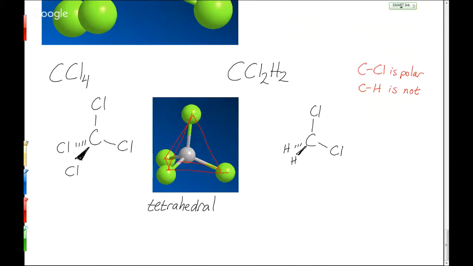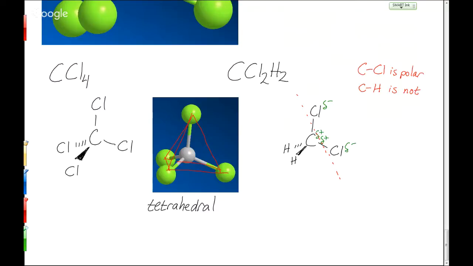If you look at this one, the Cls are going to be minus and the C is plus. And then we've got nothing really between the C and the H. So we can imagine a line right here that separates the positives from the negatives.